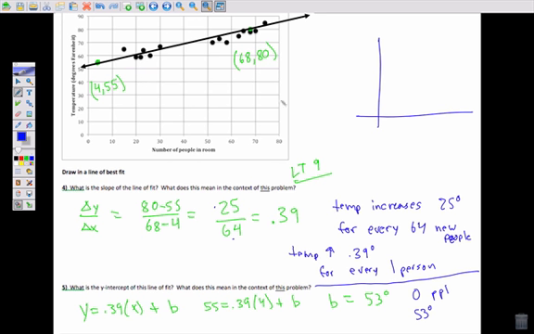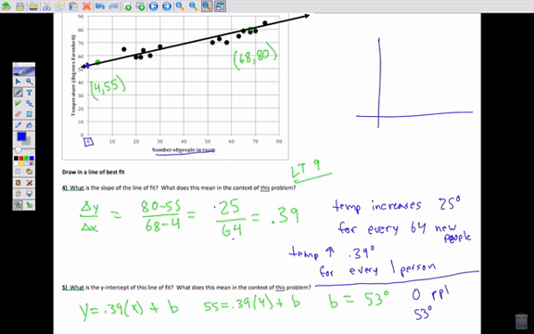If we extend this graph and look at right here, that gives us a rough estimate of our line. This is our calculated y-intercept, but right at this point, there are 0 people in the room.